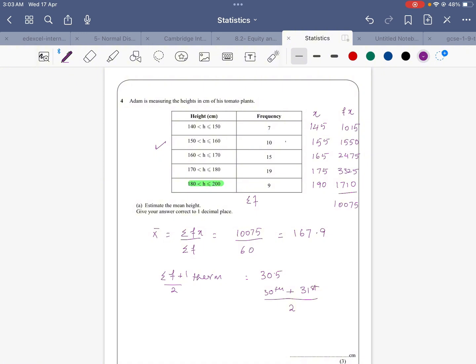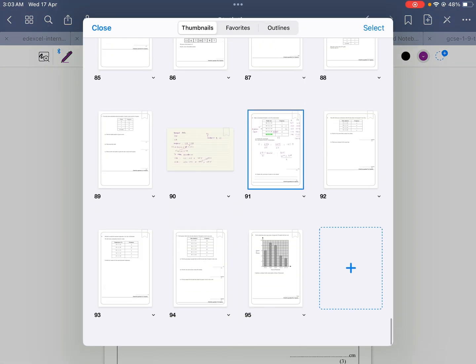Let's prepare the cumulative frequency: 17 and this will be 32. The 30th and 31st, this is the median class. Okay, median class. Which is the modal class? This is the modal class. Modal means the class with the highest frequency. This is all about statistics.